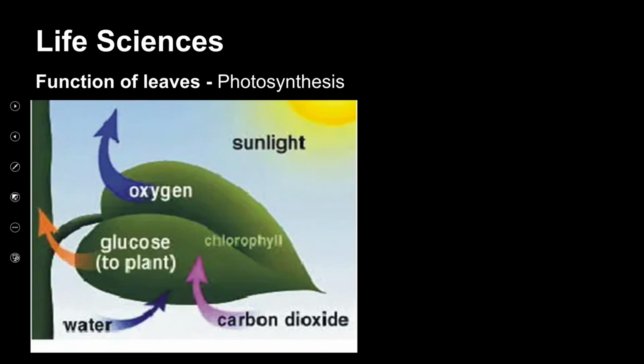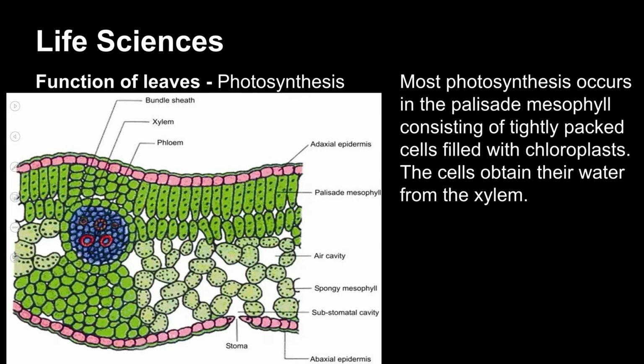Important function, photosynthesis. We've been talking about that all the way through. Sunlight needed, water needed, carbon dioxide needed, food produced, and oxygen given off. How does the structure of a leaf lend itself to this?